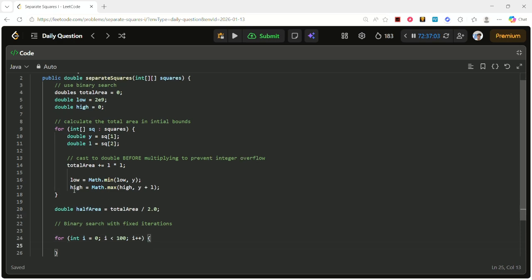Binary search for 100 iterations guarantees high precision. Then double mid is equal to low plus (high minus low) divided by 2. It is the midpoint y coordinate, the candidate dividing line.